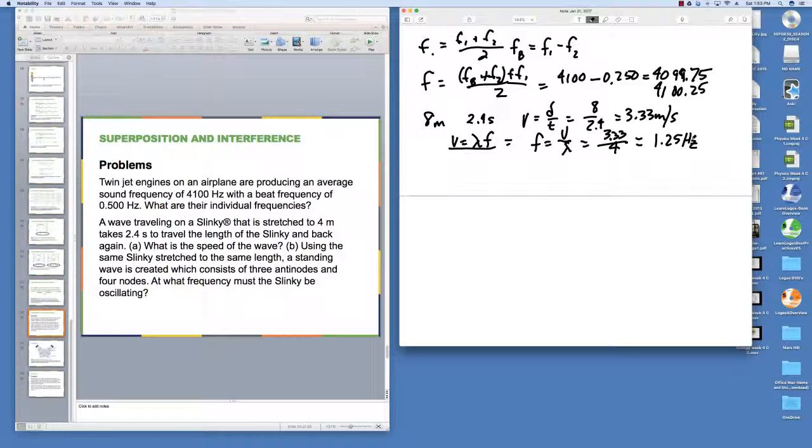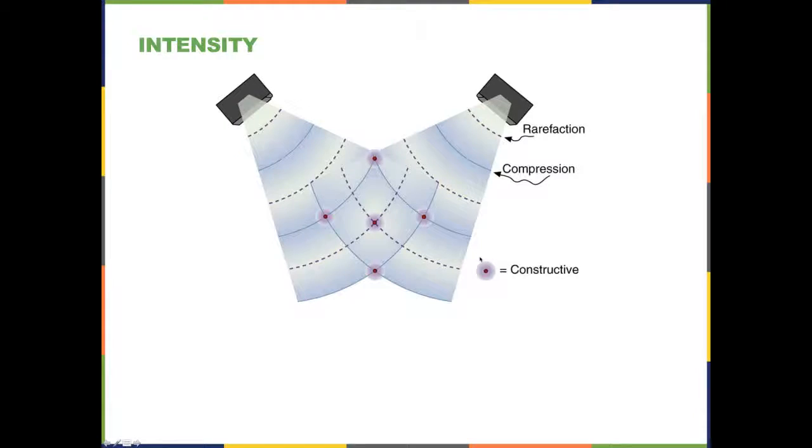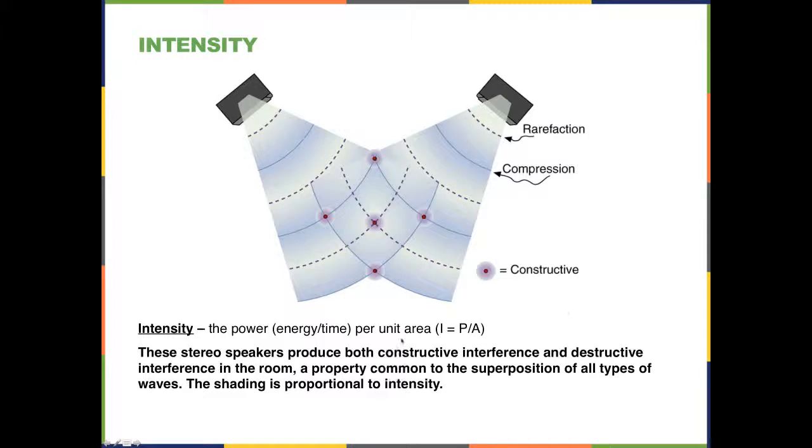Now let's briefly talk about intensity. Intensity is the energy per unit time, or the power per unit area of a wave. So intensity is equal to power divided by area, or energy per unit time divided by area.